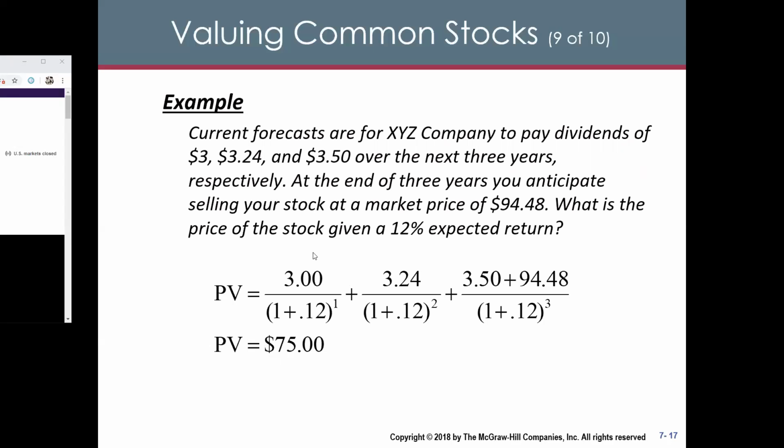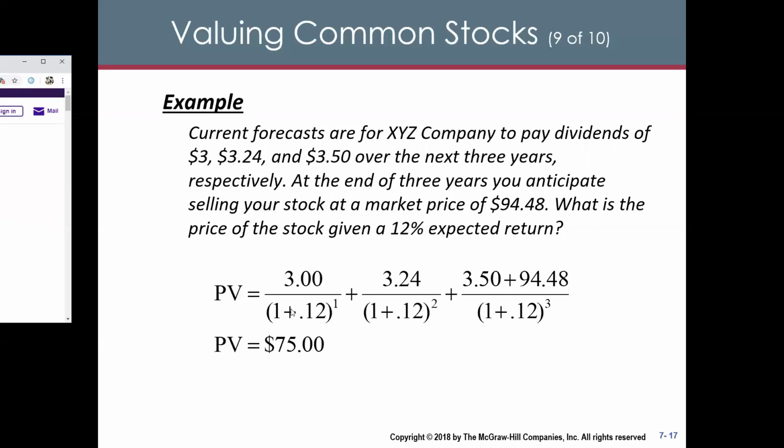In year 1, we are going to receive $3, discounted by 1 year, divided by 1 plus 12%. In year 2, we are going to receive $3.24, discounted by 2 years, so 1 plus 12% squared. In year 3, we are going to get the third dividend, $3.5, as well as selling the stock to get the capital gain, for a total of $94.48, and discount this by 3 years, so divided by 1 plus 12% to the third.